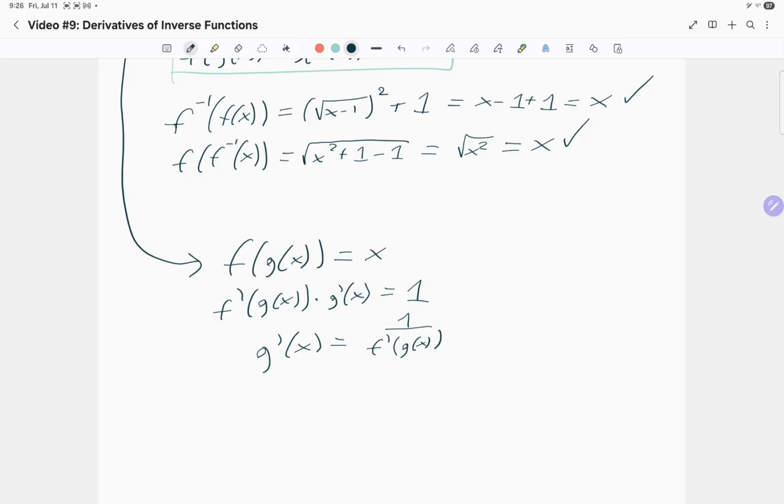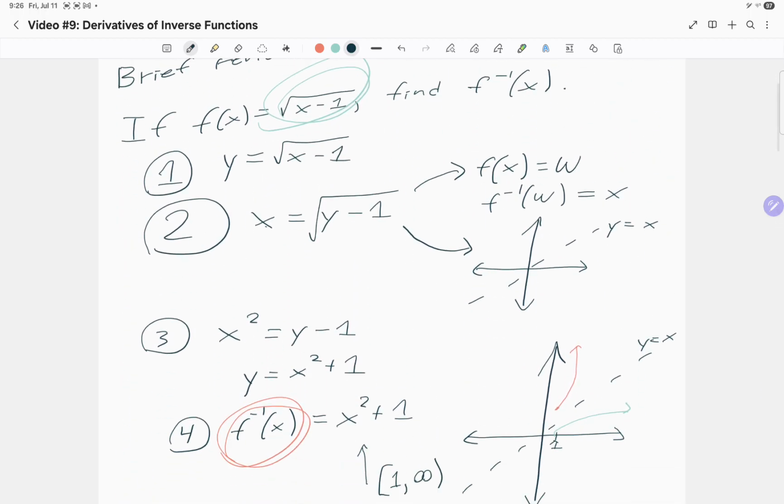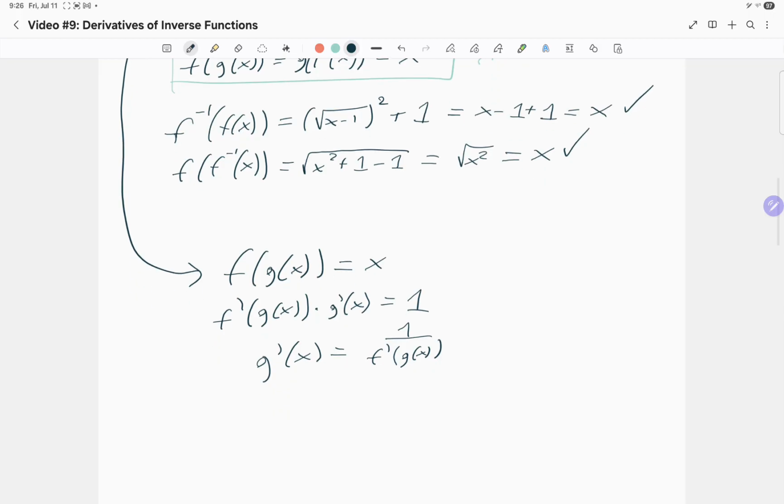If you're not comfortable with having g, you could also say f inverse, but I feel like that's a little pedantic. So there you go. We have an expression to find g prime of x without even knowing what that function is, as long as we know enough information to find f prime of g of x, whatever that is.